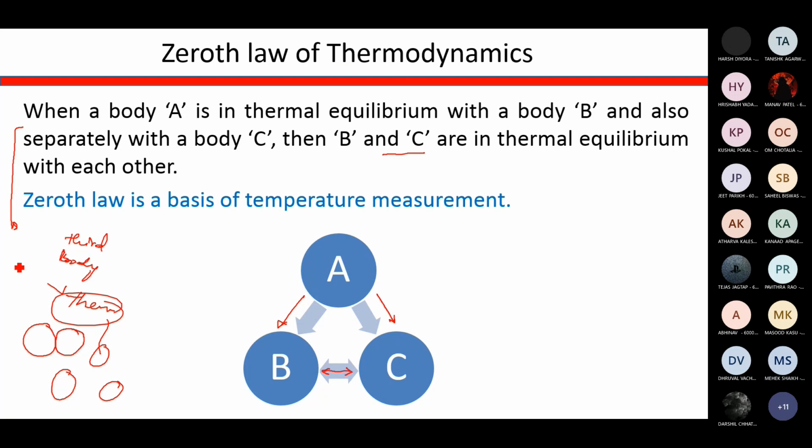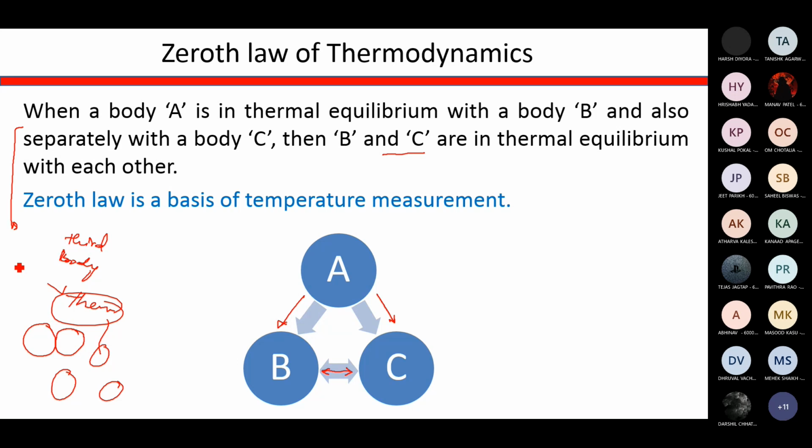Hello? Yes, sir. Okay. So look at your skin itself. See, the tissues which are lying below the skin have a certain temperature, right? So let us assume that is one body. Then your skin is the second body, and if you touch the skin with the thermometer, your thermometer is the third body, right?